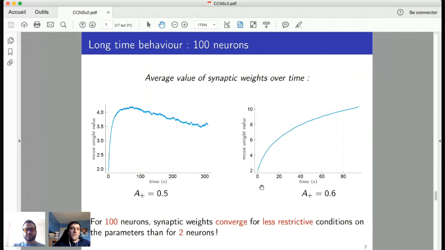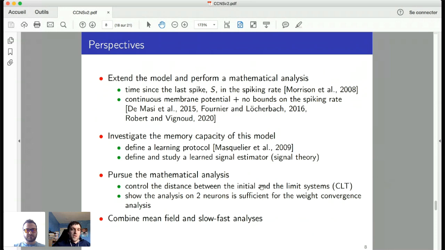I will finish on this slide, and we wonder if we can prove this fact that when we increase the number of neurons, we can still study the behavior of the weights with only two neurons.